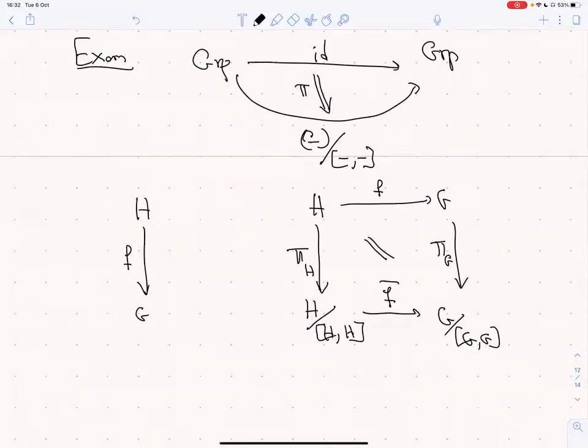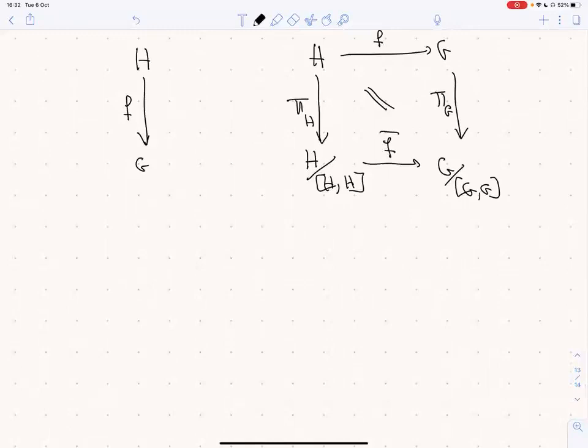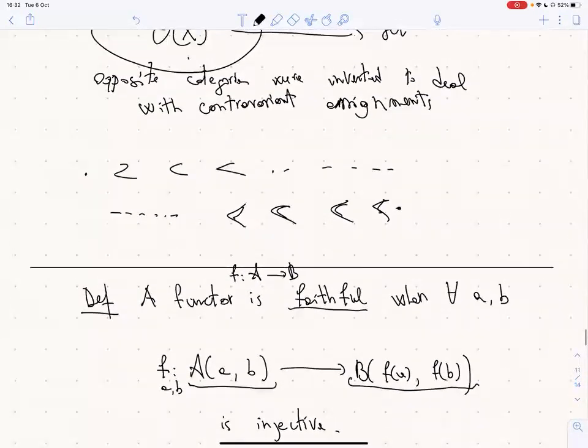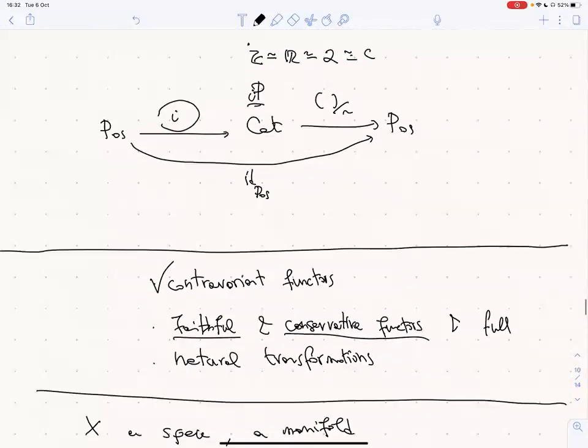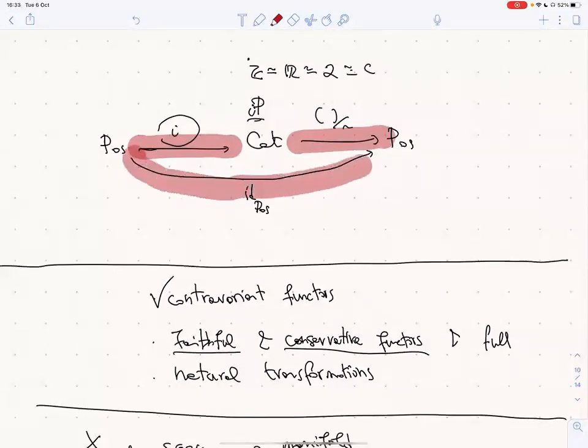What's very important is that we can use natural transformations to define categories even. Maybe another example that you could try to show yourself is that there is a natural transformation between this composition and the identity functor.